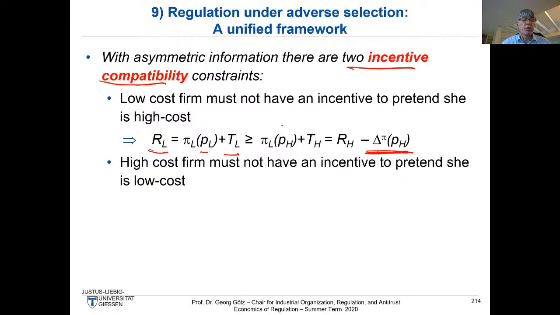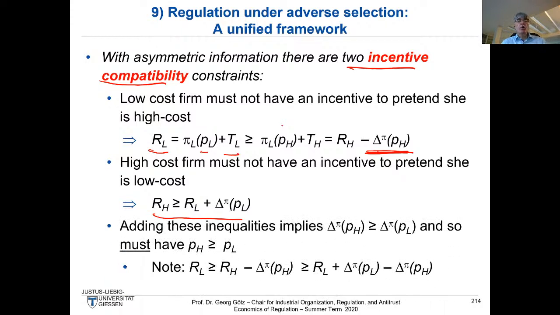And that's what we will go to, I think, in one of the next slides. Yeah, the incentive compatibility constraint of the high-cost firm looks analogous, and I don't want to derive it in detail here. You just see it's completely analogous. Okay, R_H must be greater than R_L plus this delta pi of P_L, and it's just the same thing here.